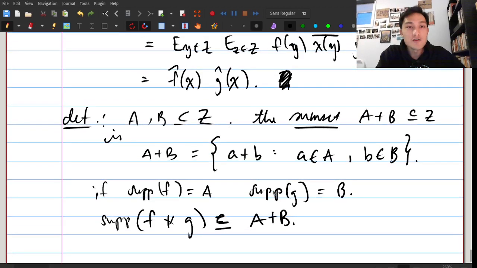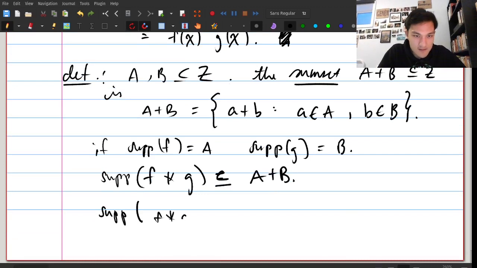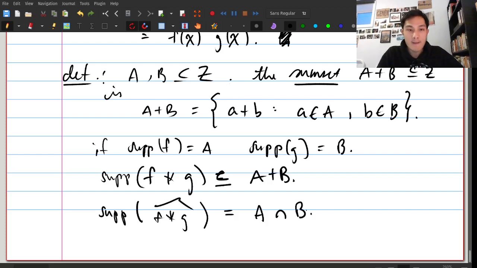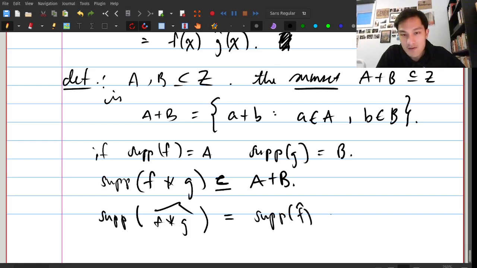And then the convolution law shows us that the support of the Fourier transform of f star g is equal to, sorry, not A intersection B. It's the support of f hat intersected with the support of g hat.